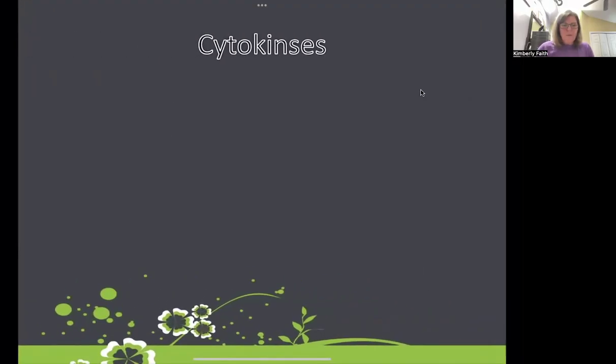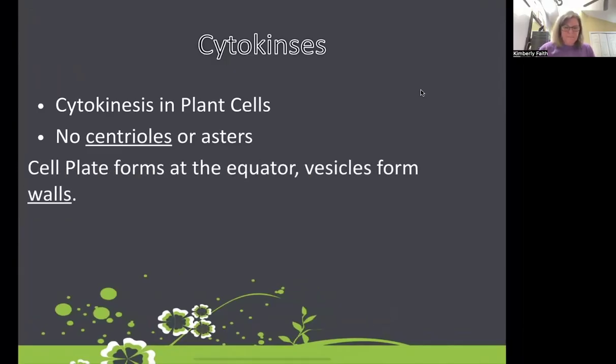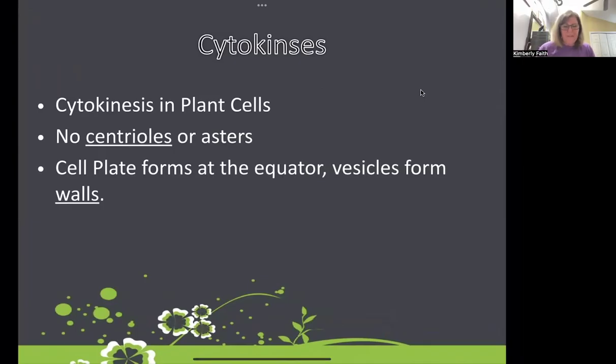Okay. So remember that plants have cell walls, so we can't pinch them in like we would an animal cell. They also don't have any centrioles or what we call asters. An aster kind of looks like an asterisk. It's that centriole with the spindle fibers coming out of it. The cell plate forms at the equator.